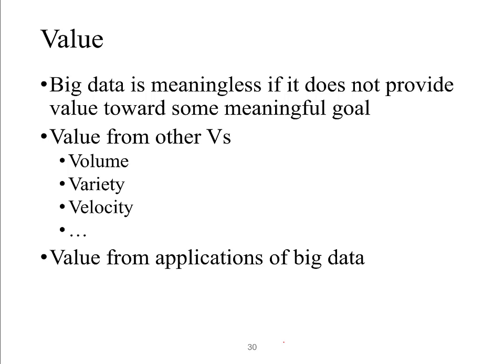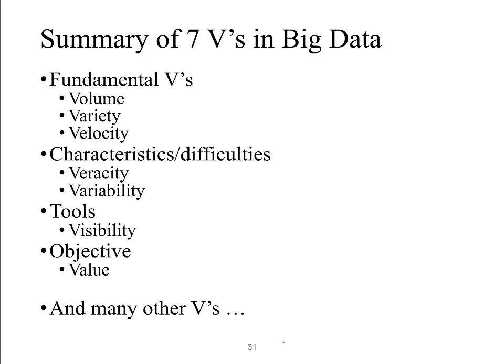We will wrap up the 7 V's in big data first, and I will show you a couple of examples of big data applications. By then, you would have a better understanding of the value of big data. So, to summarize the 7 V's in big data, the fundamental V's are volume, variety, and velocity.